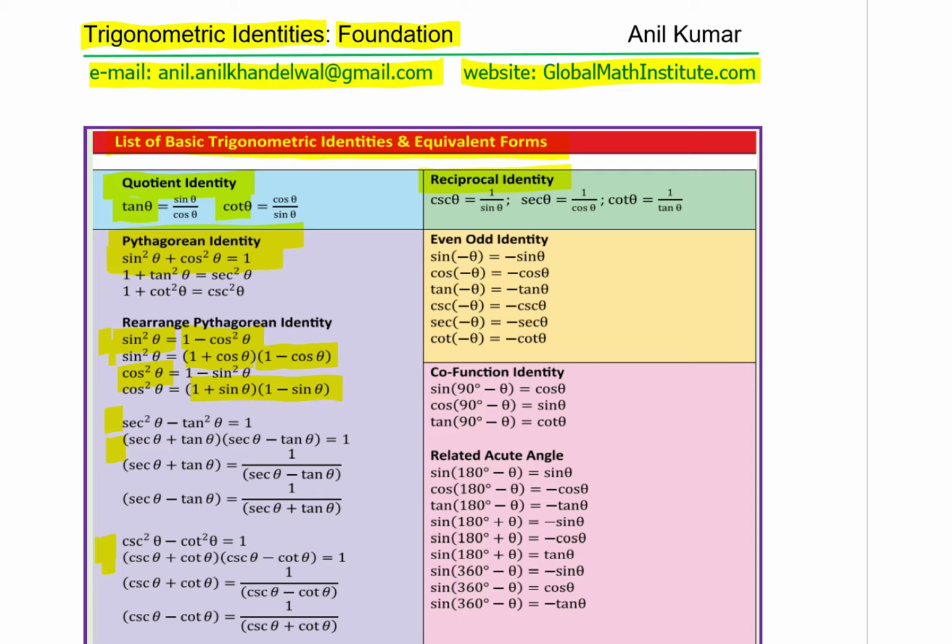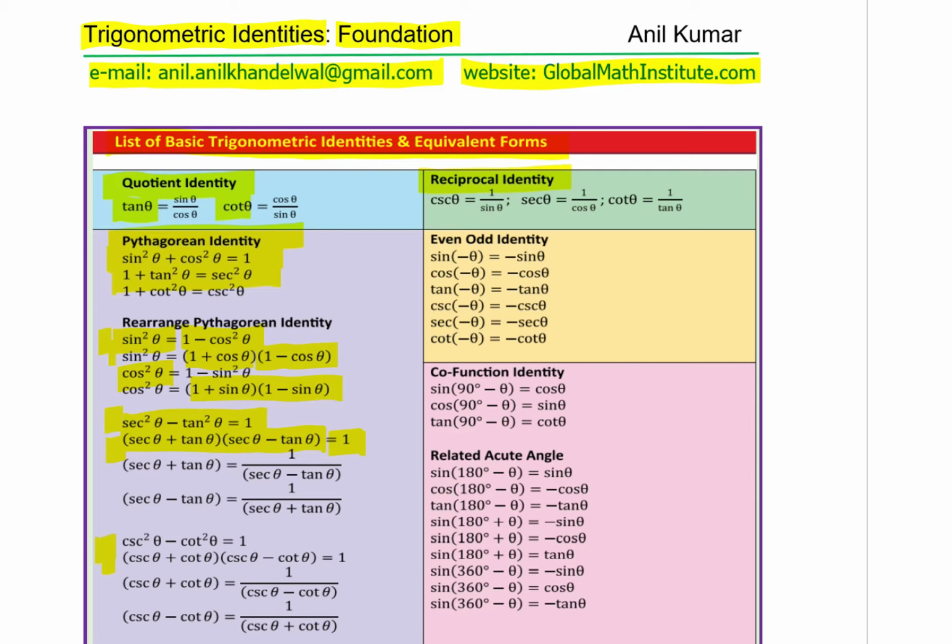Now, another important thing about secant square theta equals 1 plus tan square theta, which is the second identity: if I take tan to the right hand side, then we get secant square theta minus tan square theta equals 1. Now, this is a difference of squares, which can be written as secant theta plus tan theta times secant theta minus tan theta equals 1.